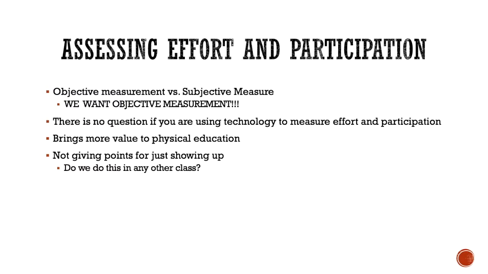A student might look like they're not participating a lot, but their heart rate might be really high. That's why objective measurement is so important. When you're using technology to measure effort and participation, there's really no question that a student can come back and say, well, I worked hard. Well, no, you didn't. Your heart rate was only at 40% most of the time, and it needed to be between 60 and 80. So you're really holding your students accountable.